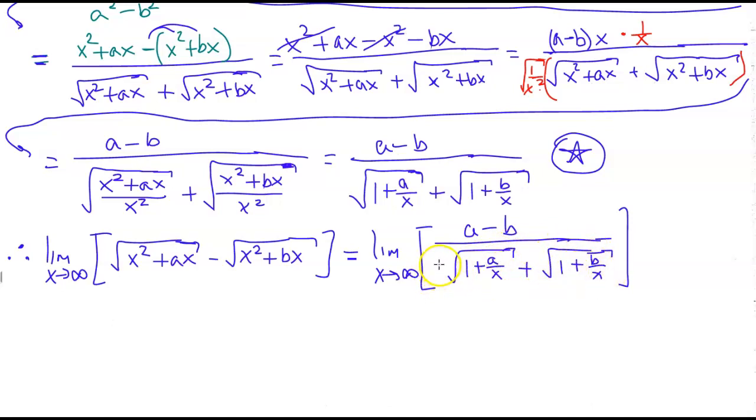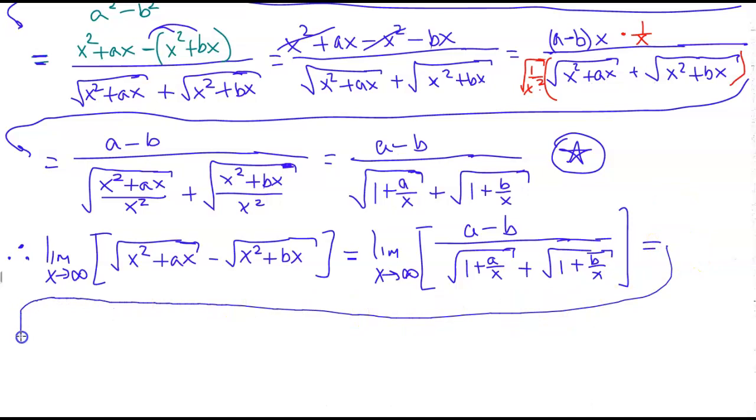And from my limit laws, each limit operator should be able to slide under the radical of each of these terms. And then, of course, I could evaluate the limit of 1 plus a over x and 1 plus b over x separately. So I'm going to skip all those steps, but I wanted to actually say it so that you know that technically if we were being very staunch on writing every single step, that's what it would be.